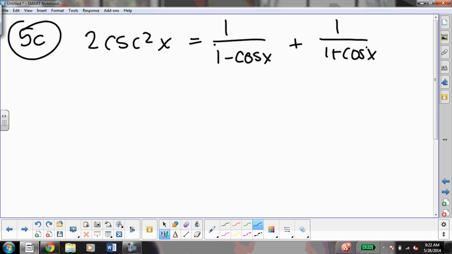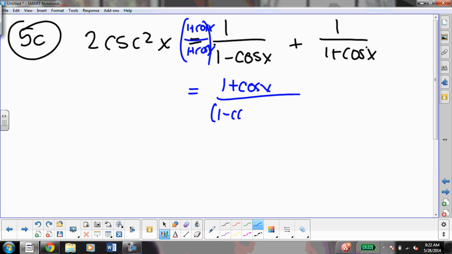So the first thing I opted to do was to get a common denominator on the right side. So this fraction needs a 1 plus cosine. So it's 1 plus the cosine of x on the top, and 1 minus cosine of x, 1 plus cosine of x on the bottom.